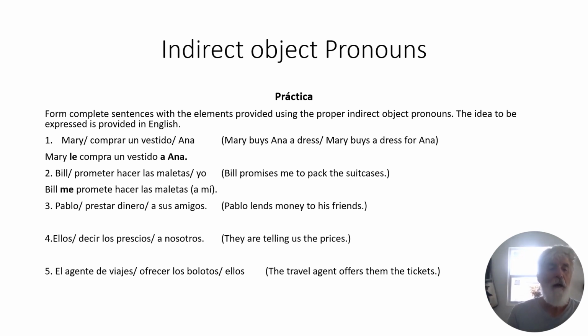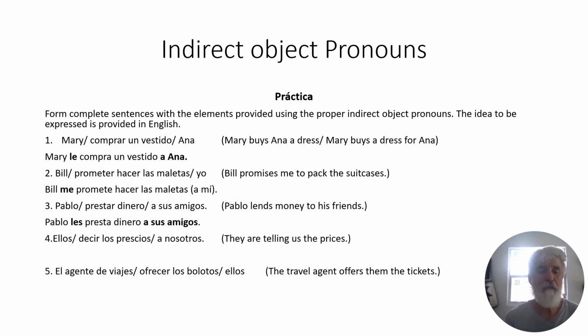Look at 3. Pablo prestar dinero a sus amigos. Pablo lends money to his friends. Now we've got to them. A sus amigos is the indirect object. So what is the indirect object pronoun? Les. So Pablo les presta dinero a sus amigos.